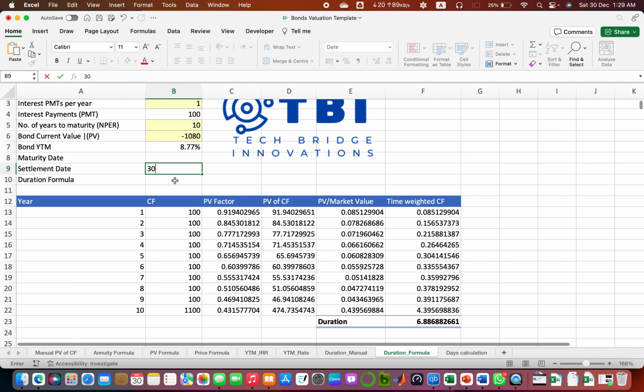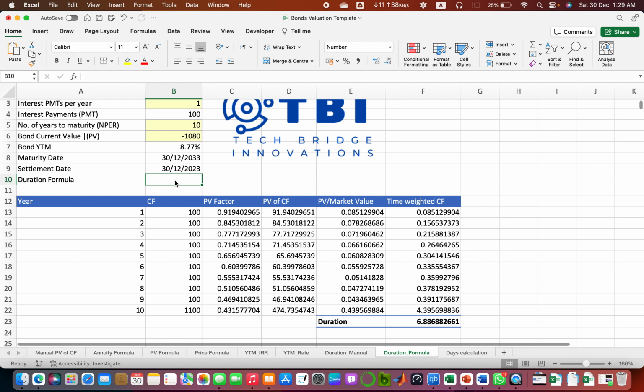So let's enter the date as 30th December 2023, and let's suppose the bond is maturing after 10 years. That will be 30th December 2033.